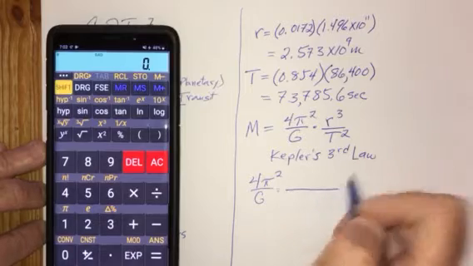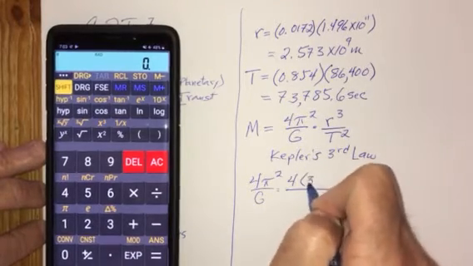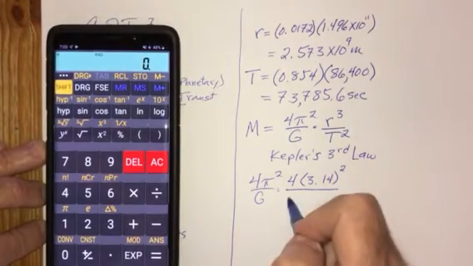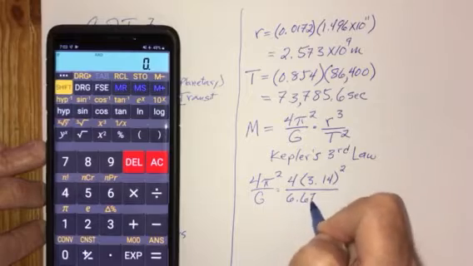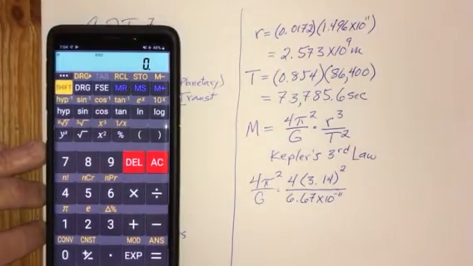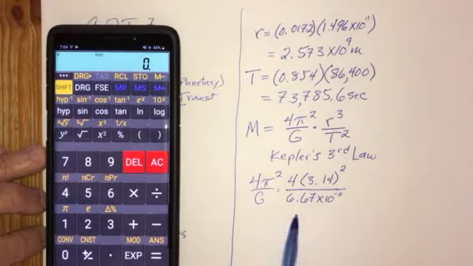Okay, everybody knows that pi is approximately 3.14, and G turns out to be 6.67 times 10 to the negative 11 power in MKS metric units. MKS stands for meters, kilograms, seconds. So that's the type of metric units that we're measuring these in.